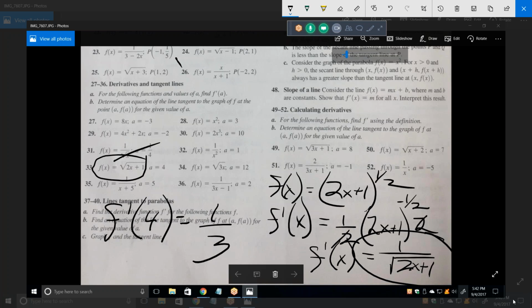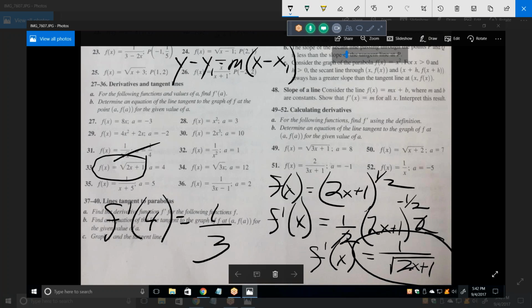Is it just, oh, it's y1 over y. No, y1 minus y. No, it's y minus y1. Y minus y1 equals m times x minus x1. They're always in the same direction.